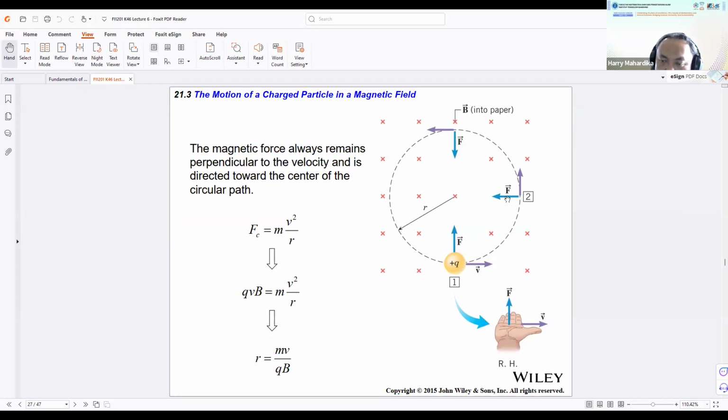At this point the acceleration becomes leftward, then after that it moves again to the top, and at this point the acceleration goes down, and at this position the acceleration moves to the right, and so on. So it will create a rotational motion of this charged particle. This is the effect of an external magnetic field on a moving positive charged particle. If it's negative, then the motion will be a rotation that goes to the bottom, to the downward locations.